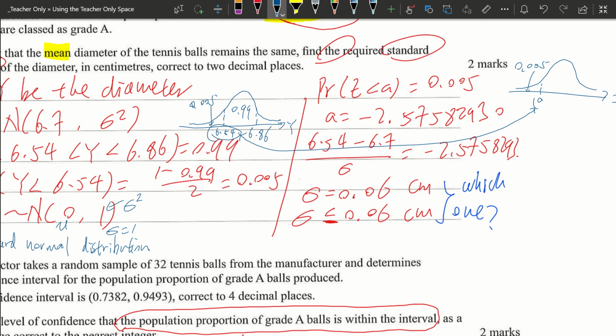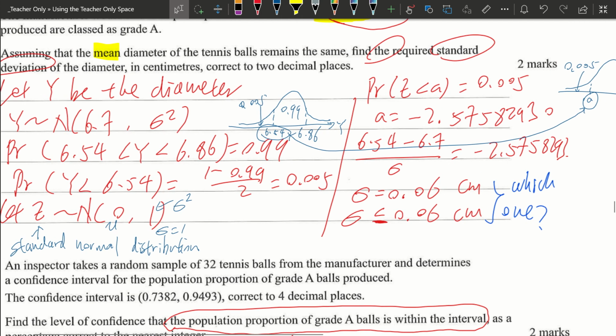If you recall, standard normal is nothing but a measure of the distance between any number on the Y scale and the mean Y value. So if you take some number on the Y scale minus the mean of Y, which is 6.7, that's the distance between that number and the mean. And if you measure that distance in terms of the number of standard deviations on the Y scale, that's your Z score.